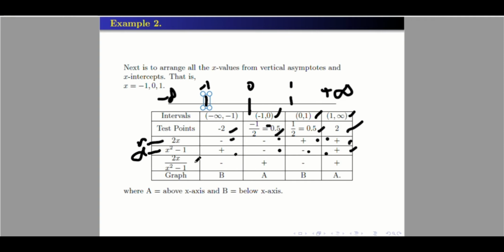And for the second to the last row, we have negative divided by positive, negative, negative divided by negative, positive, positive divided by negative, negative, positive divided by positive is positive. So again, our A is above, our B is below. So this is below the x-axis, above the x-axis, below the x-axis, above the x-axis.